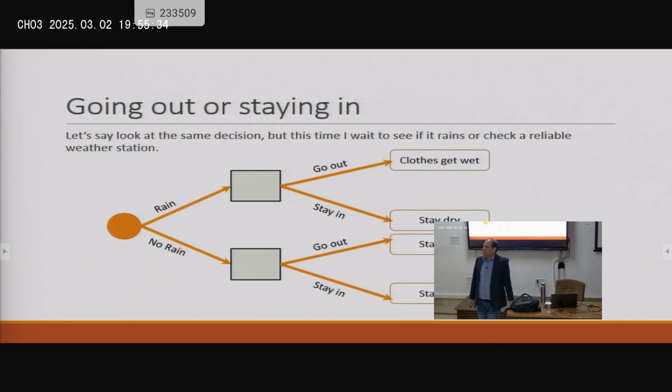And if it's not raining and you really wanted to go out, then go out because it's not raining. So just changing the order of execution of the tree occurs because now you waited for the uncertainty to unfold. Okay, so hang on. Better situation is what I have here.